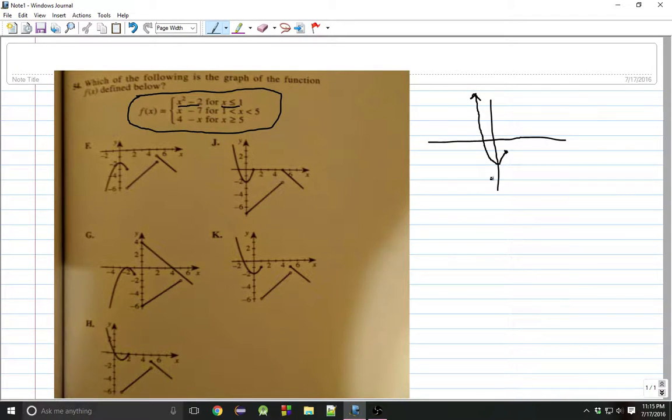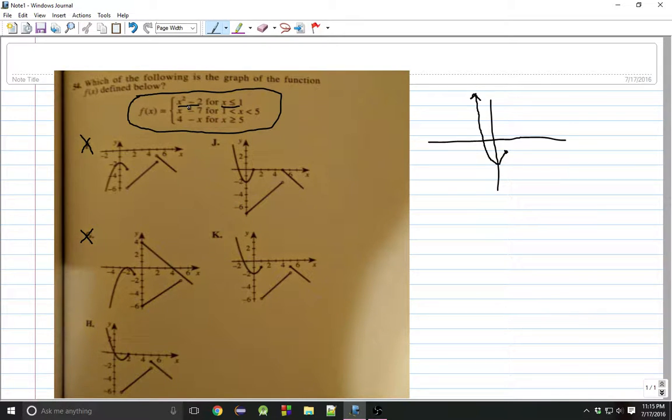Right away you can eliminate anything that opens downwards, because it says x squared minus 2, and there's no negative coefficient in front of x squared, so we can eliminate F. We can eliminate G. Then we need to find other things that we can eliminate.